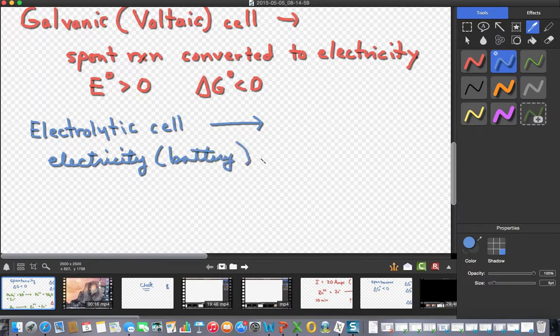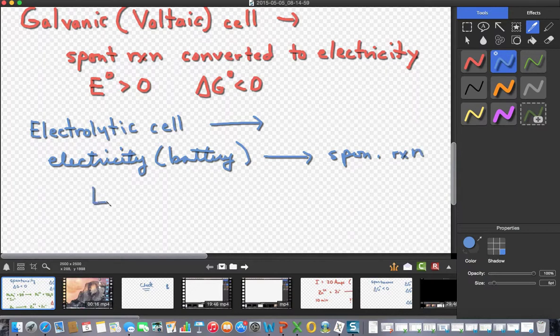And it will provide a voltage to convert this electricity to a spontaneous chemical reaction. The reaction itself is not spontaneous without the extra energy source. But this extra energy source in the form of electricity is used to generate chemical products.